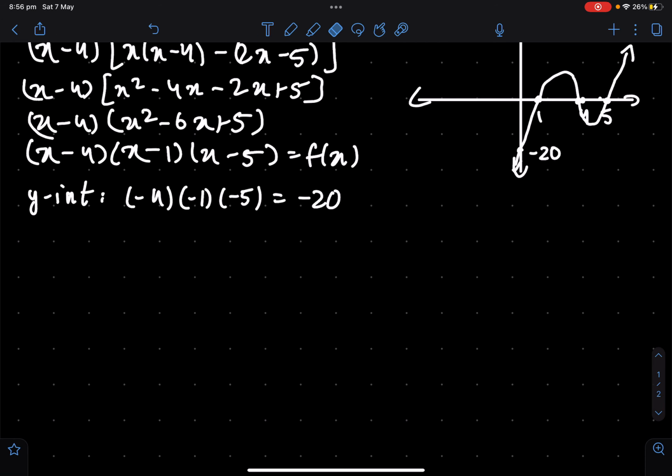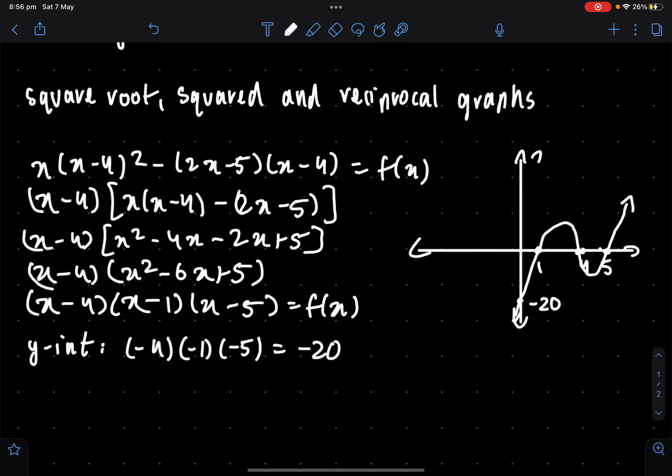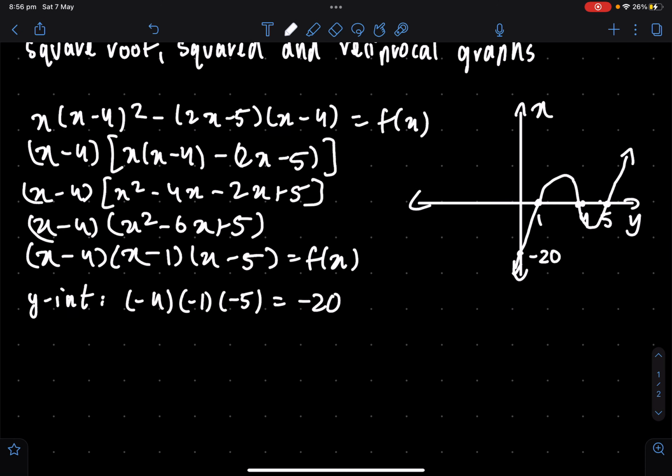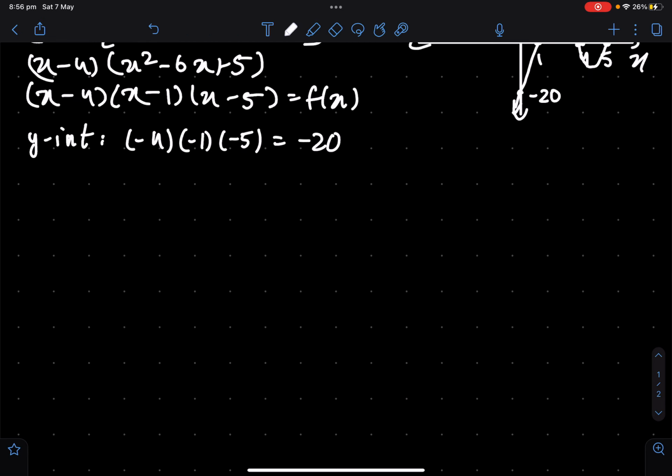And we are done for this question. And we have to make sure that we also label the x and y axis all the way around. So we go on to our next question.